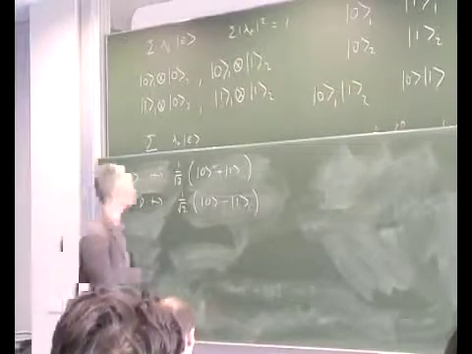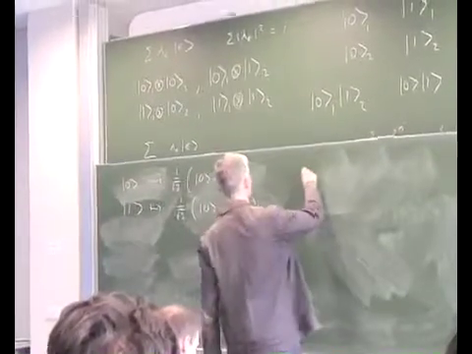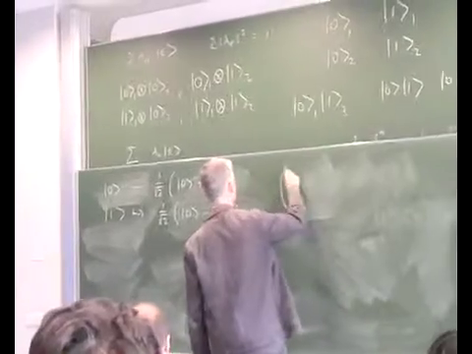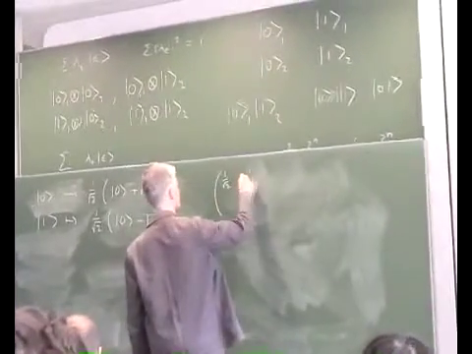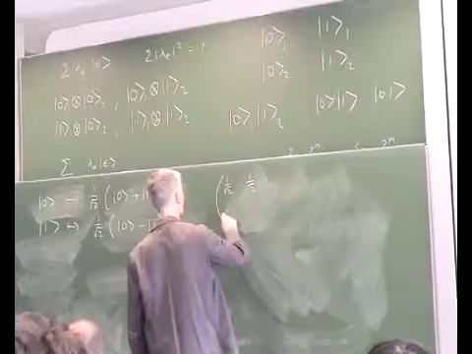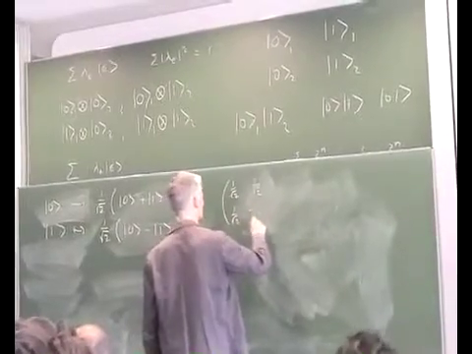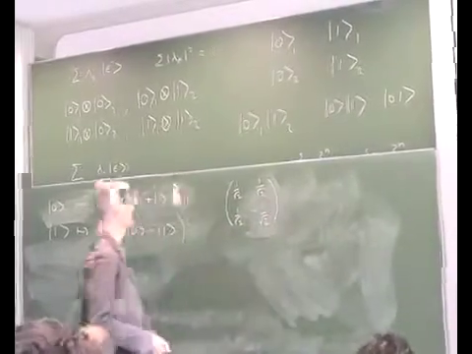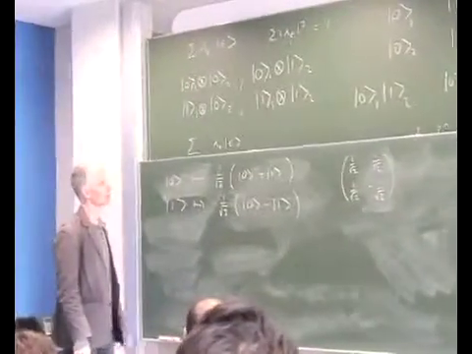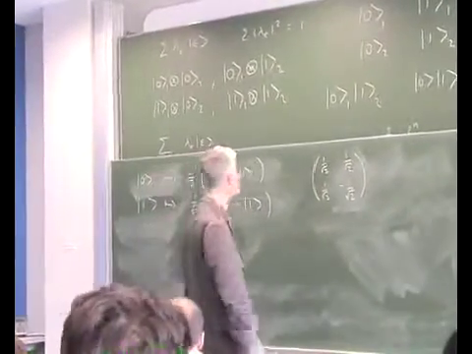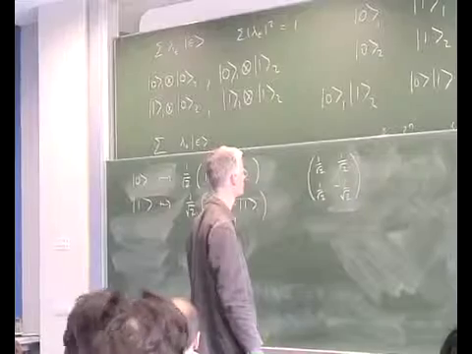Well, let's represent that as a matrix. It's much nicer. So what is the matrix of that? It's just 1 over root 2, 1 over root 2, 1 over root 2, minus 1 over root 2. And I hope that squares to NOT, if it doesn't.